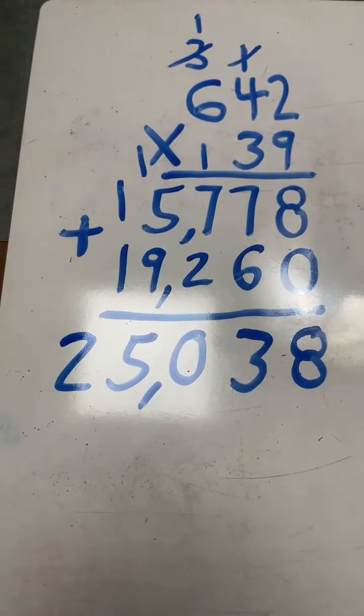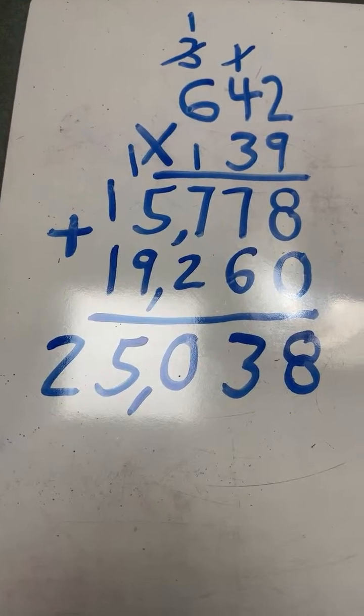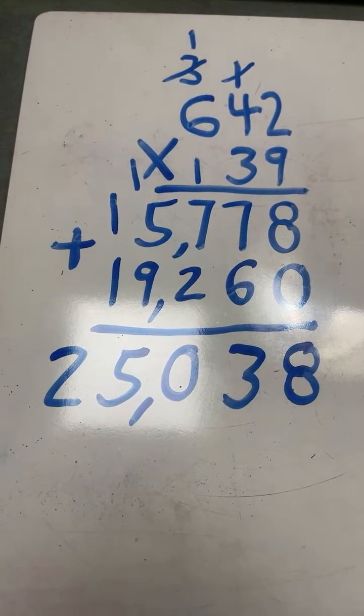And we have our final answer. 642 times 39 equals 25,038.